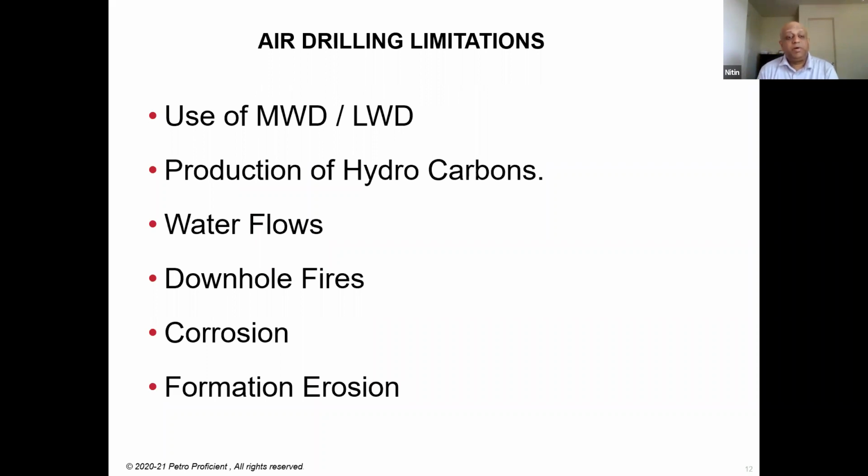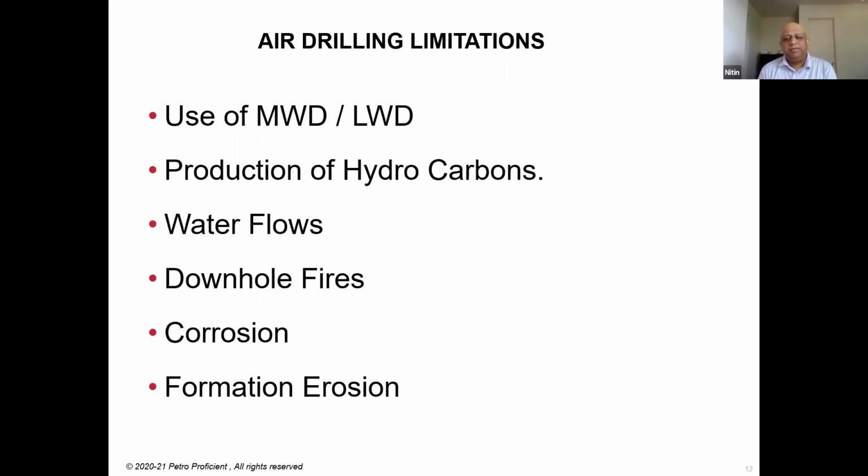The other problem here is that air is also corrosive. Nitrogen is an inert gas and is less corrosive, whereas air can cause corrosion in your drilling equipment, in your drill pipe, in your BHA, compared to regular mud. So you need to use corrosion inhibitors to prevent corrosion.